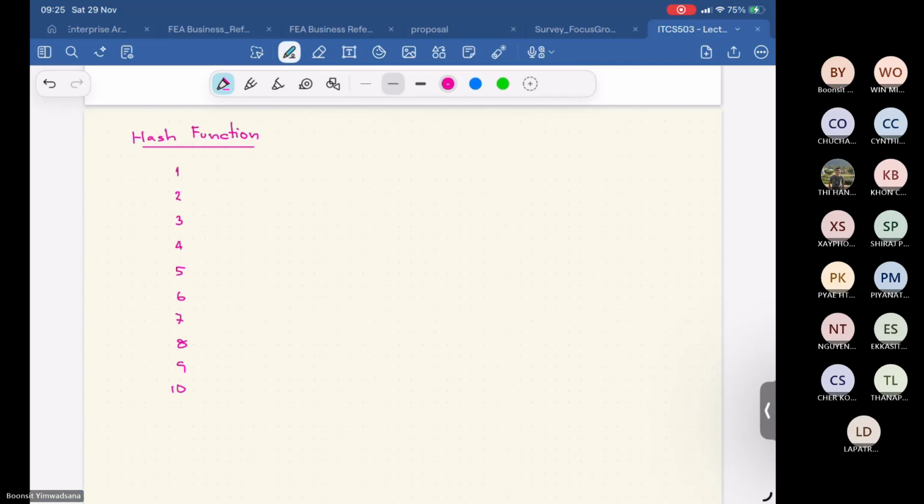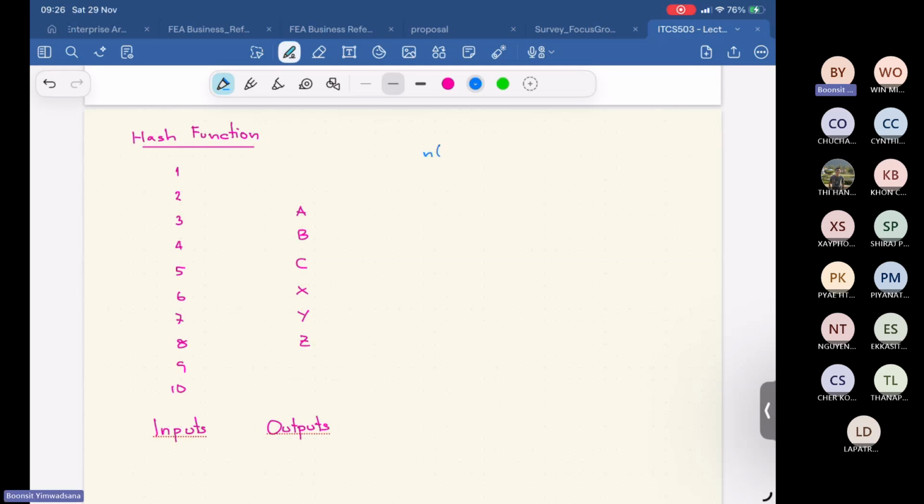This is the input. And the output can be letter A, B, C, X, Y, Z. This is the set of output. What you can notice is that the input has to be mapped to the output. But the set of outputs contain less member than the input.